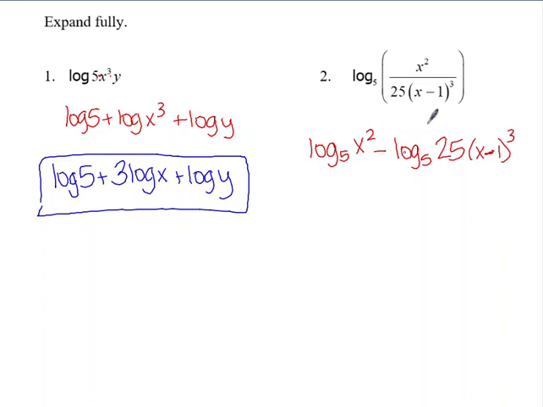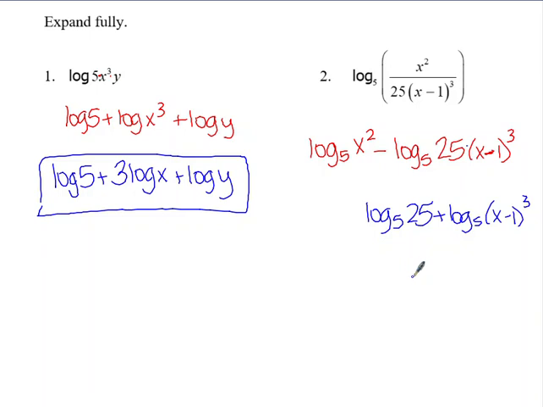Now, I'm going to focus on the second logarithm here. I have 25 times x minus 1 cubed, so I can use the product property to split that up. So this would be log base 5 of 25 plus log base 5 of x minus 1 cubed.